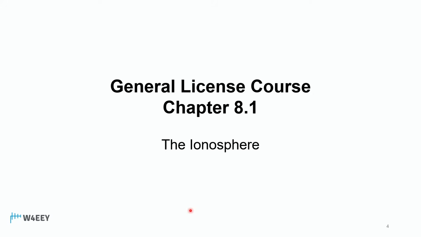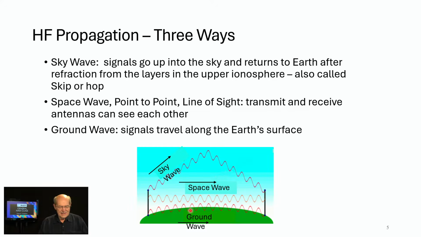So we're going to start out talking about the ionosphere. HF propagation can happen three different ways. If we look at the diagram here, we've got what's called a ground wave, where signals can hug the ground and eventually get over to an antenna if it's not too far away. A space wave is when the antennas can see each other and the radio signal is actually traveling through the air.